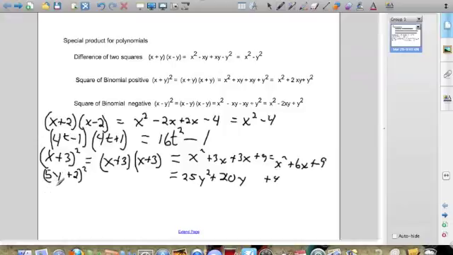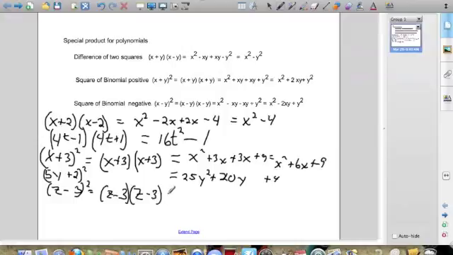Okay, and then the last one, I have z minus 3, and I'm going to have that squared. So again, this means I have z minus 3 times z minus 3.